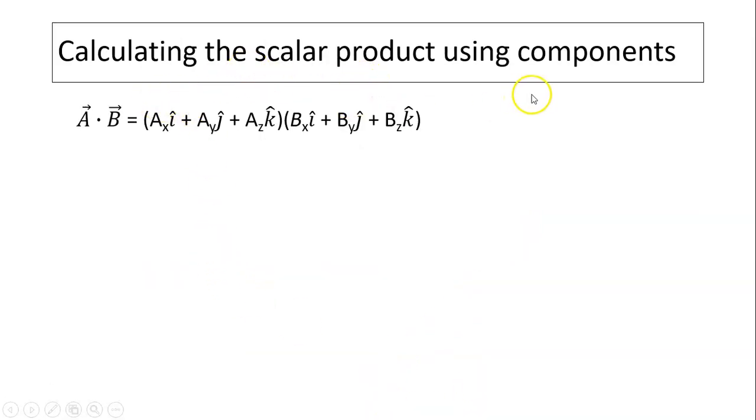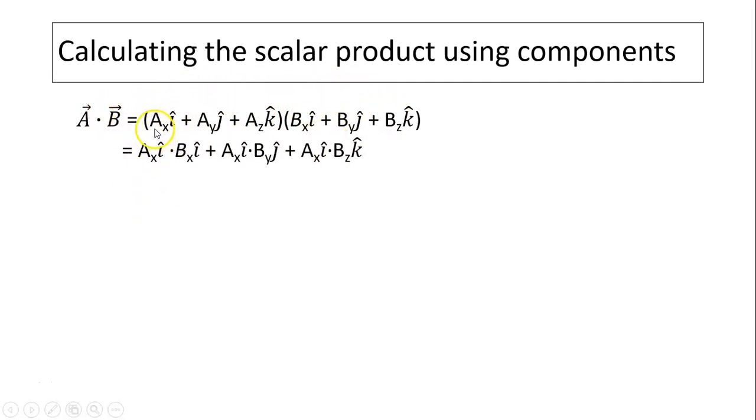Calculating the scalar product using components. Here we have two vectors A and B represented in component form. How do we multiply these? In this case, it is a dot product. Remember in math you learned FOIL: Ax times Bx, Ax times By, Ax times Bz, so you separate each term.